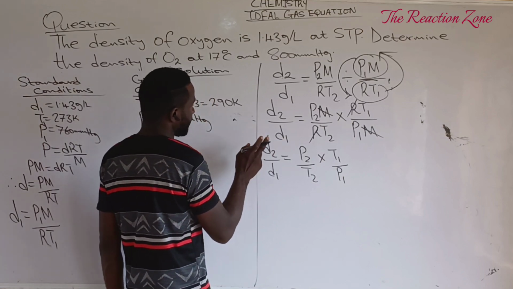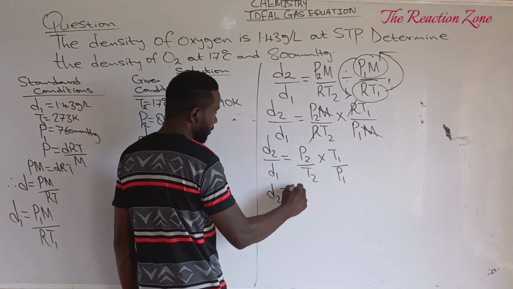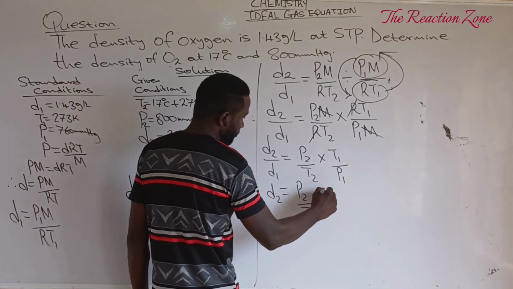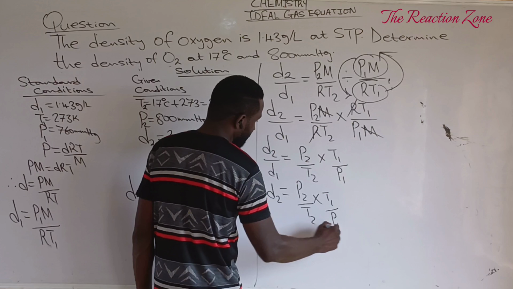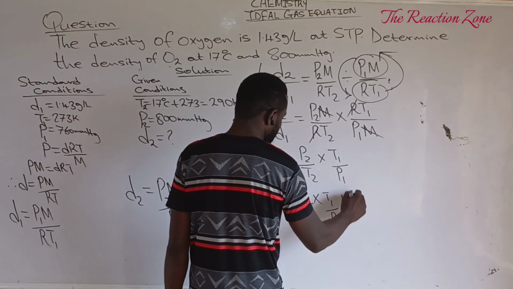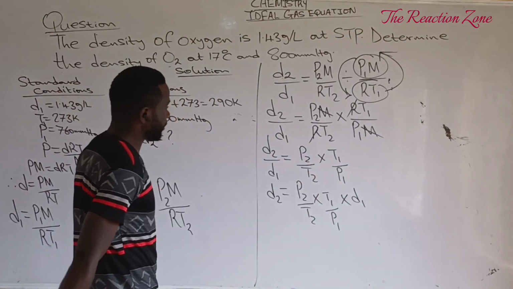And if you want to make D2 the subject, D2 here will become P2 over T2 times T1 over P1 times D1.